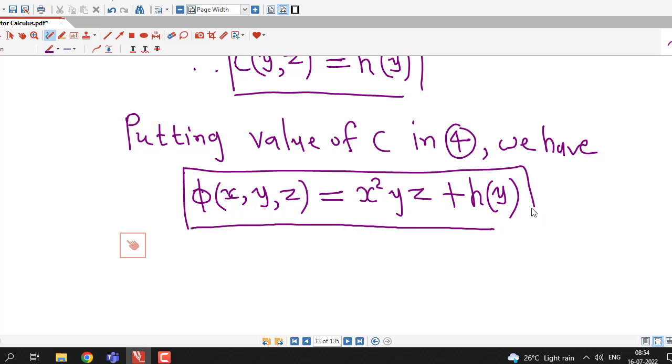So still we are not having complete information about this required scalar function phi.